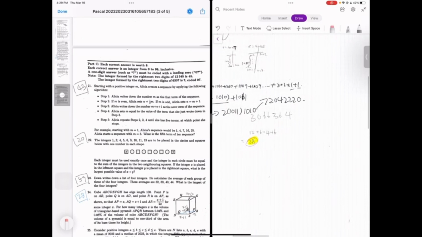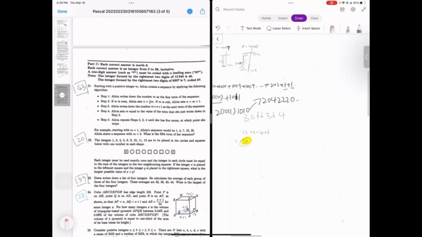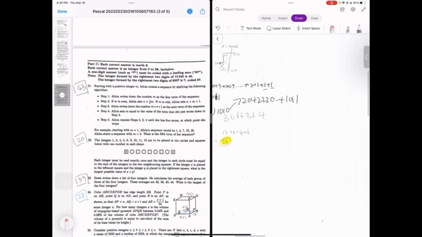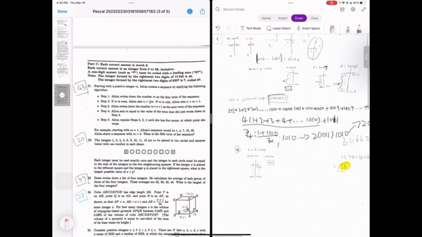Then we need to add another 1011. This should be 2043231, which is the answer over here.